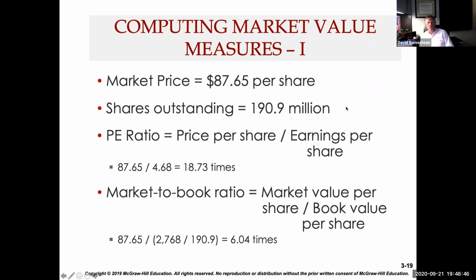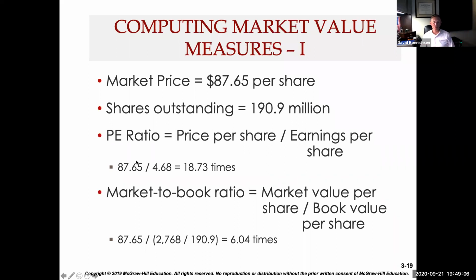Market values, all right? So if we have a case here where this company is trading at 87.65 per share, we know we've got 190 million shares that are outstanding in the market, okay? So our price to earnings ratio that we can calculate based upon the income statement from earlier tonight.